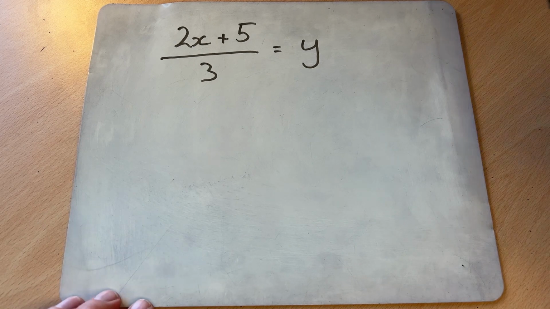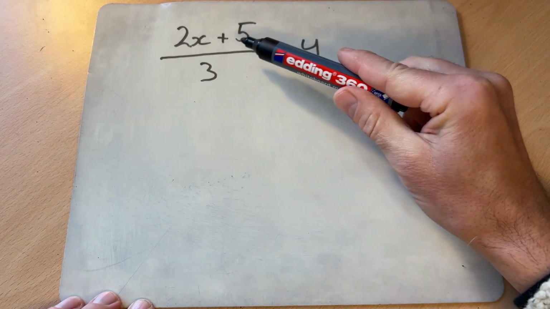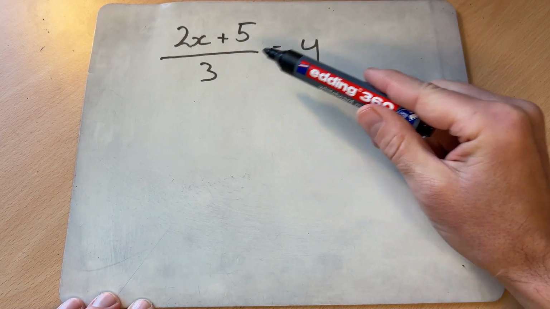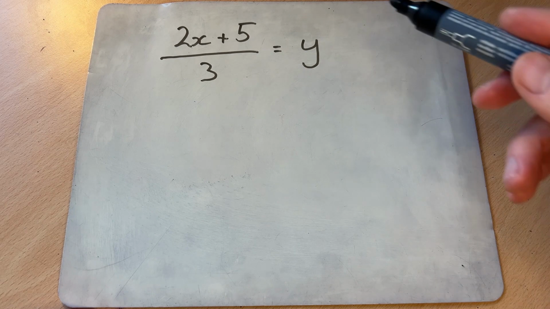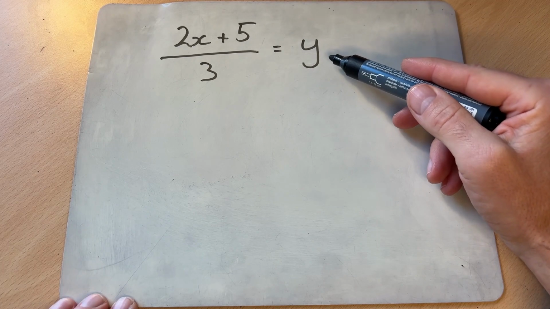So we're given here the formula (2x + 5) over 3 equals y. Now you might find this on a maths exam paper, and you'll be told, you've got this formula, but we want x to be the subject of this formula. At the moment, y is the subject.